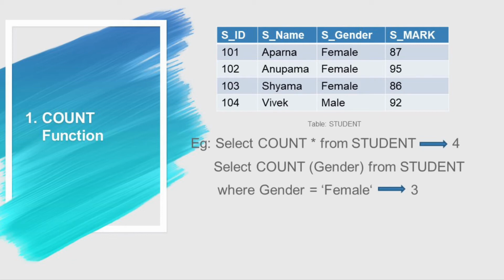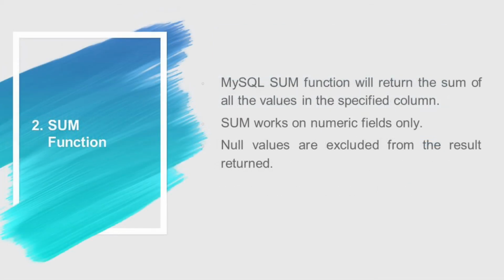Next, we are going to study about sum function. This function will return the sum of all the values in a specified column. This function will work only on numeric fields, and null values are excluded from the result of this particular function. We will see it by an example.